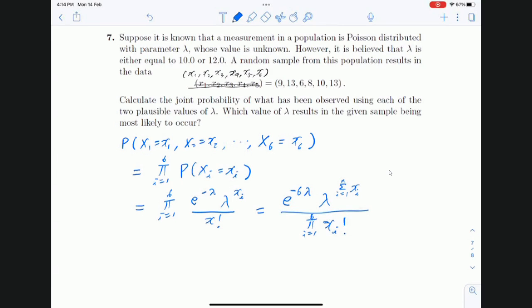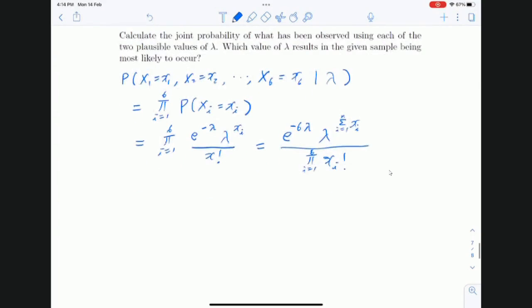Now in this question, we are asked to compute this probability with different values of lambda. So to indicate that this is a probability dependent on lambda, we may write it in this form. And from the sample, we already have S1, S2, S3, S4, S5, and S6. So we can further express this according to the summary statistics.